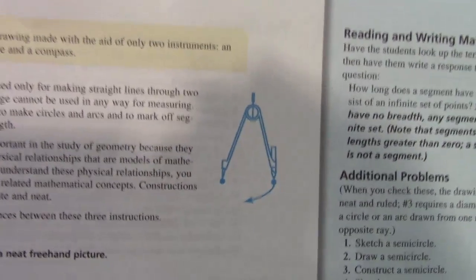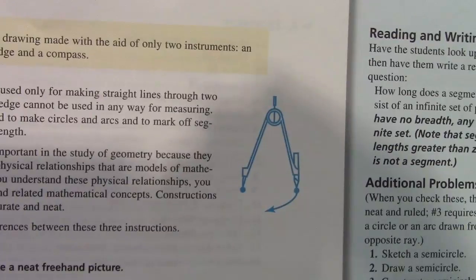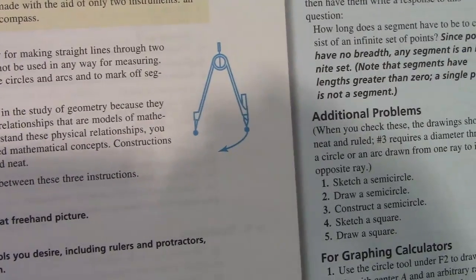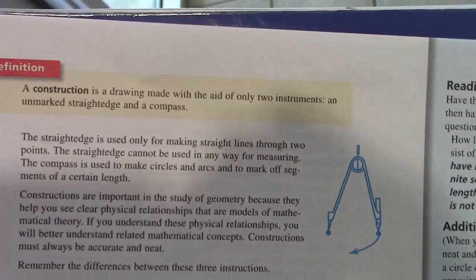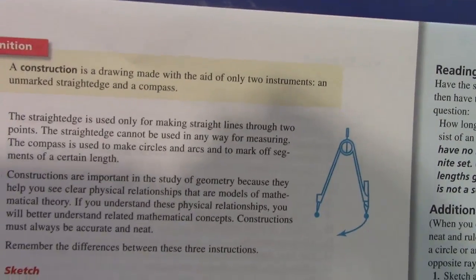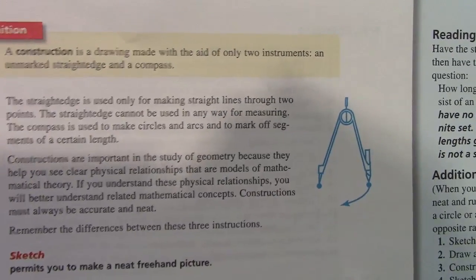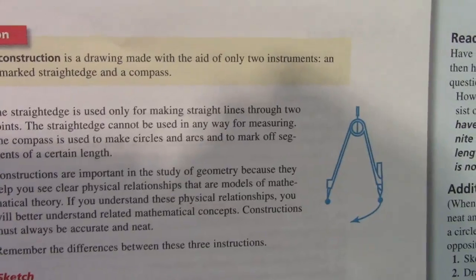And here I'll show y'all. That's what a compass looks like. Y'all have seen them before. So now notice it doesn't say a pencil as part of the tools that are used, because the pencil being used is part of the compass. So we only have that and an unmarked straight edge.